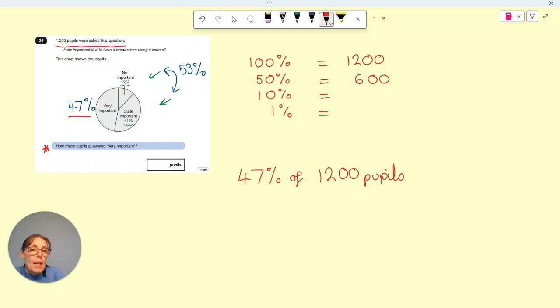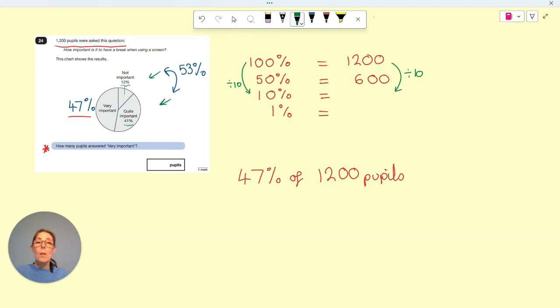Right, so to get 10%, I could either divide 50 by 5, or I could divide 100 by 10. I might divide that by 10. Now remember, we're in a place value system that is decimal, so it's to do with tens.